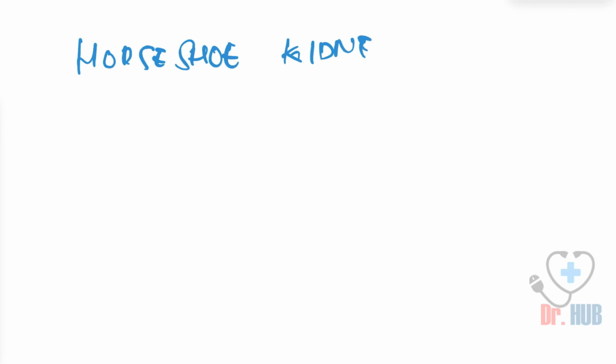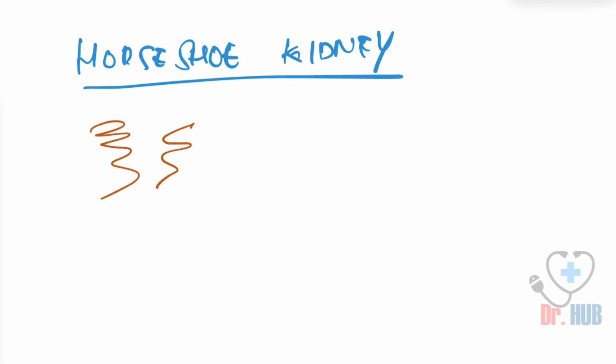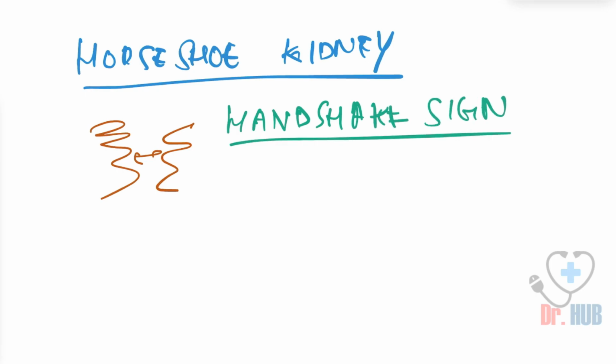Next, we look at the horseshoe kidney. Under the horseshoe kidney, there is something known as a handshake sign. This handshake sign is due to the position of the lower poles closer to the spine.